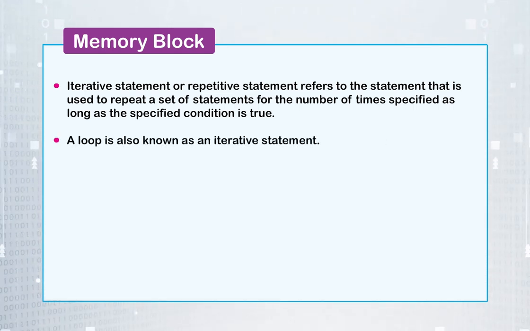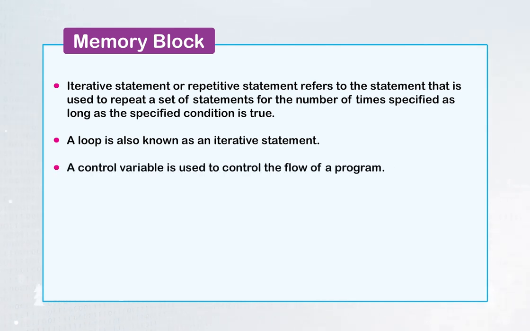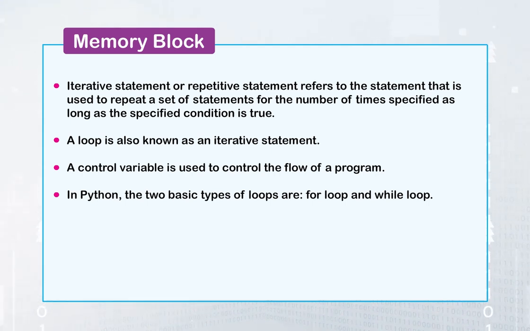A loop is also known as an iterative statement. A control variable is used to control the flow of a program. In Python, the two basic types of loops are for loop and while loop.